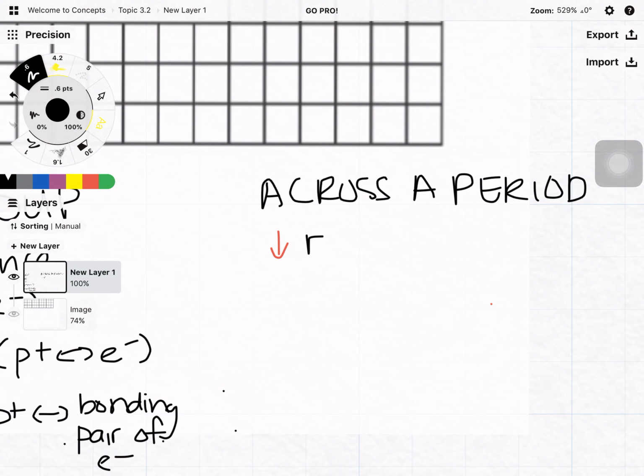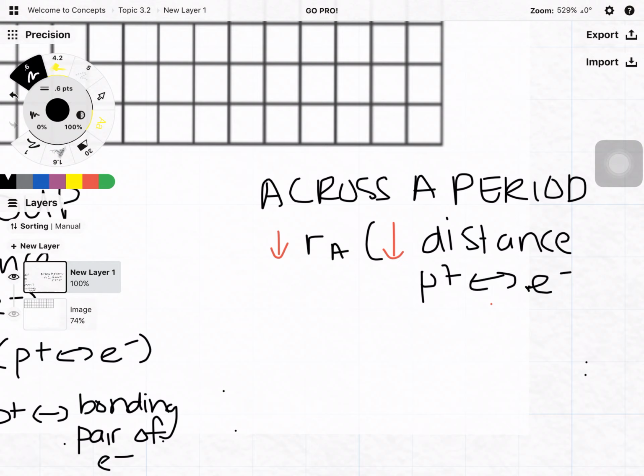So we have a smaller atomic radius, which means there's less distance between my innermost protons and my valence electrons, which means that there's more attraction between those protons and electrons.